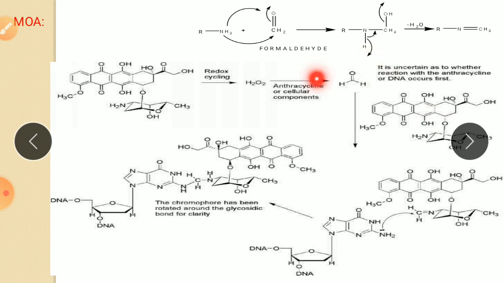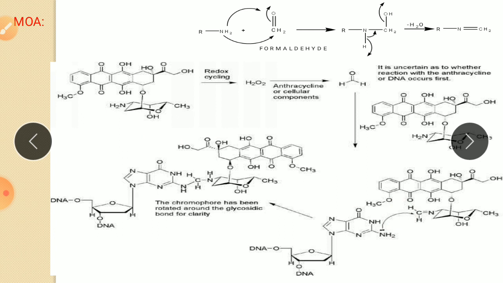Formaldehyde reacts with the amino group of the amino sugar of anthracycline by this mechanism. So here there is a formation of the N double bond CH2 group. Then this group reacts with the NH2 group of guanine, which is a DNA part. Then it forms this type of complex. So by this way anthracycline reacts with DNA bases and inhibits DNA synthesis.